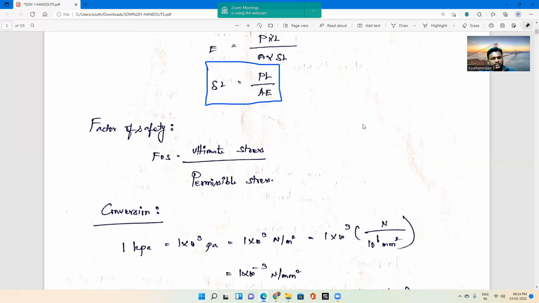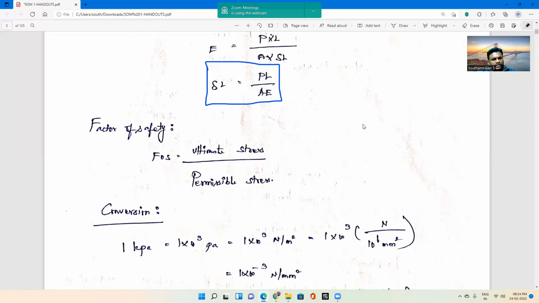We add factor of safety for all material performance because, unfortunately, the material may cross the ultimate load. If the material reaches its ultimate load, it will definitely tend to fail.